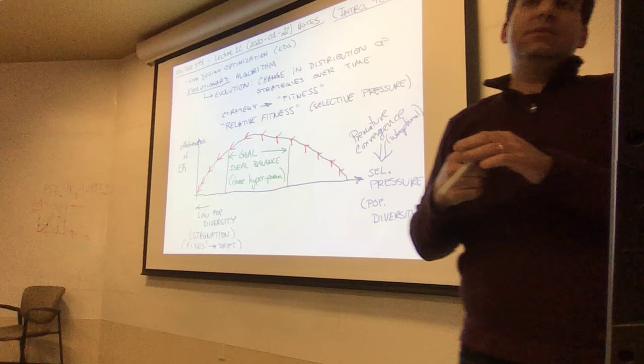But if the population starts, let's say, on this hill over here, we've got a diverse set of strategies and a diverse set of fitnesses, and that diversity is going to allow this individual here to dominate relative to these others, and it's going to push the population in the wrong direction. Because ideally, we'd like to somehow be moving here.